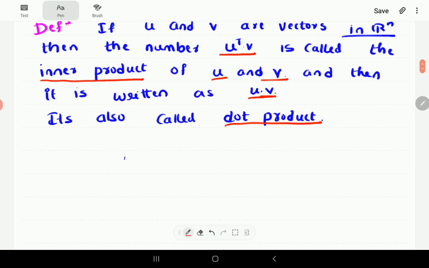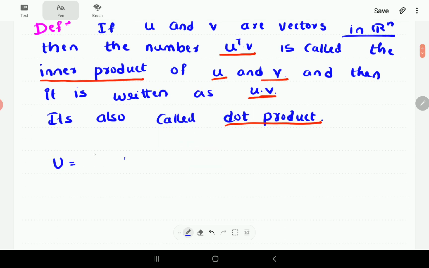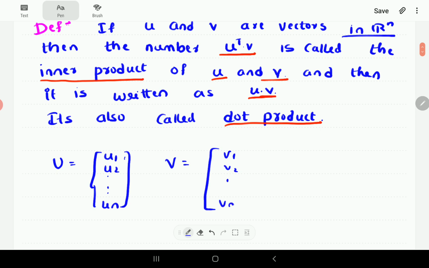Suppose you have u equal to u1, u2 and so on up to un, and your v is equal to v1, v2 up to vn.